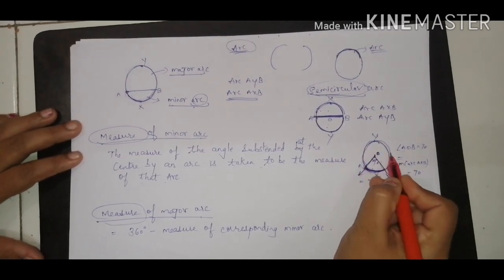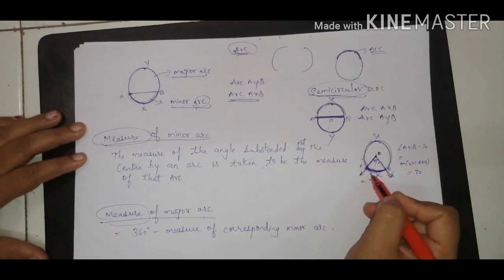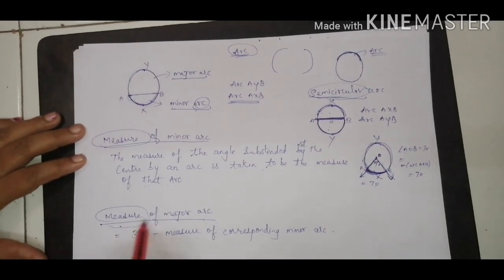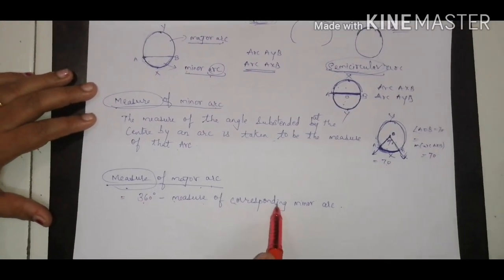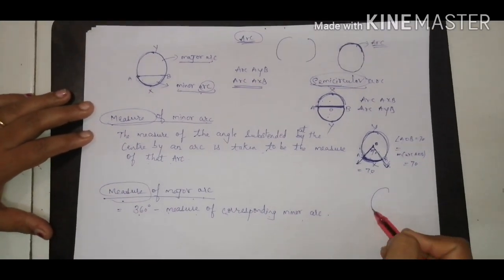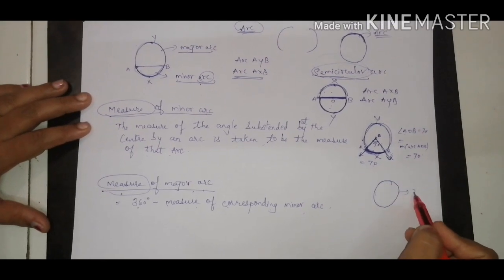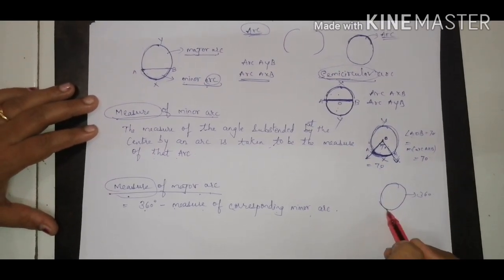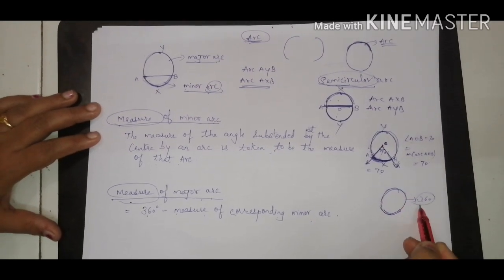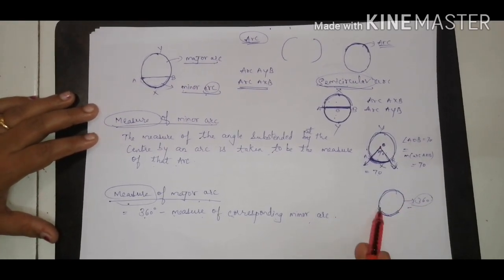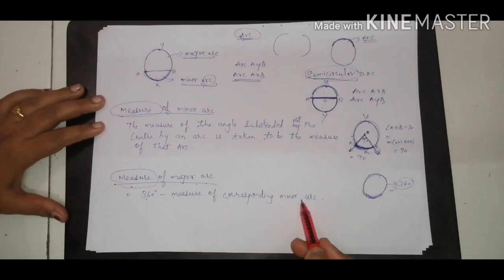Then how do we find the major arc? The remaining measure, this was the minor. For finding the major arc, there is a formula: 360 degrees minus the measure of the corresponding minor arc, because the total circle is 360. So if I know the minor arc, I can find the major arc by subtracting the measure of the corresponding minor arc from 360.